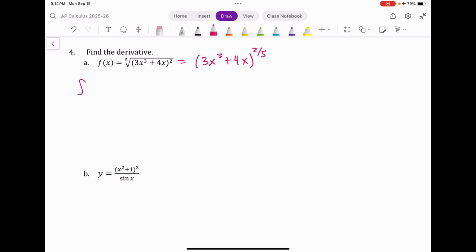And so f prime of x will equal, okay, the inner function is that part. So we got 2/5 being moved to the front times 3x cubed plus 4x to the negative 3/5, and then times the derivative of the inner function. So what is that?